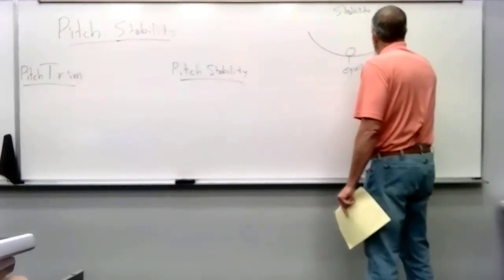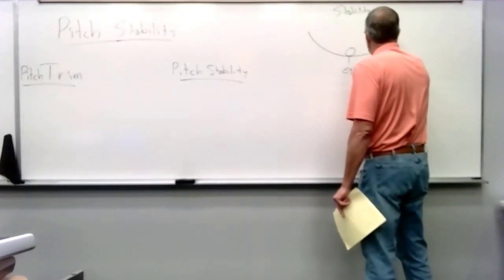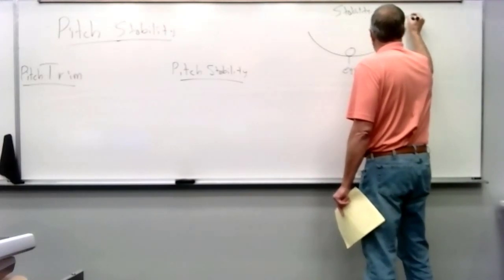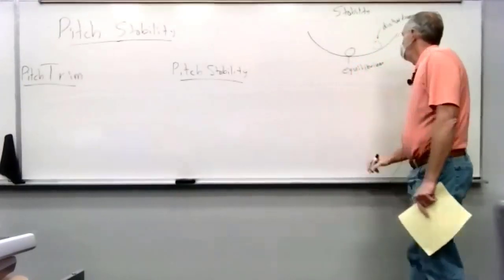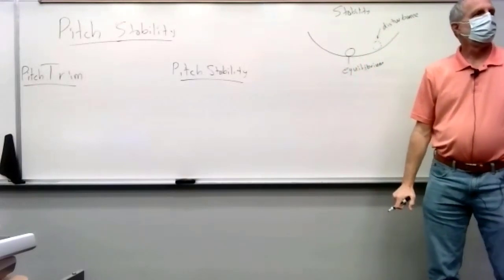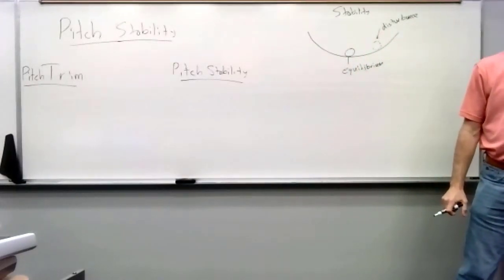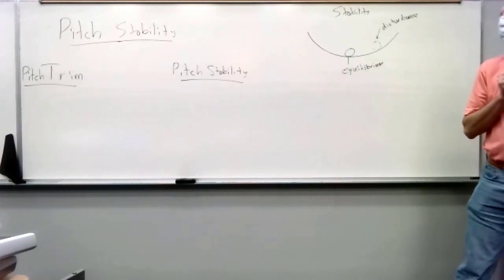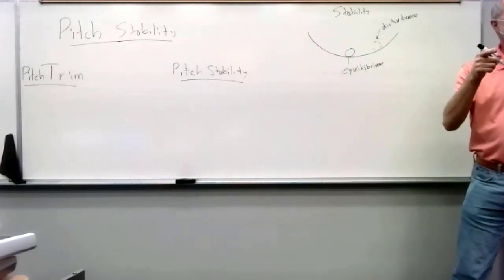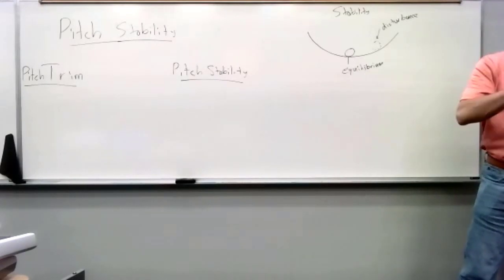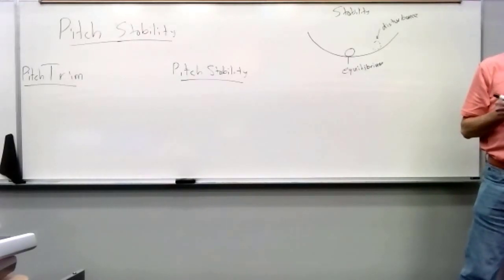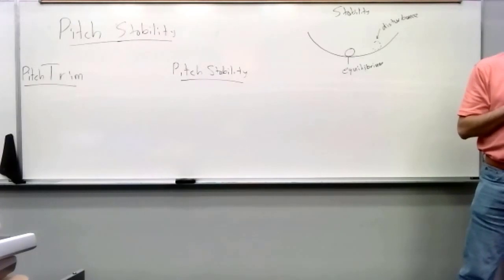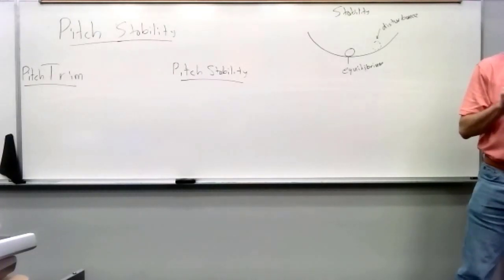And if you disturb it, what's it going to do? It's going to return. But a key feature of stability is what's called static stability. It's not the motion. It's even before the motion. It's are there forces or moments generated in the direction to return it to stability, to equilibrium.